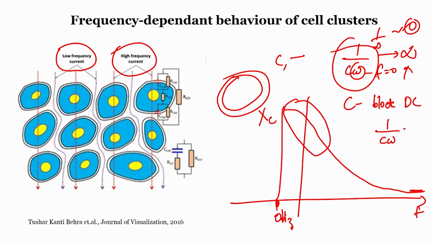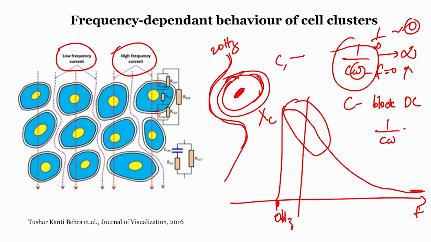Because of that, at the first instance when the cell sees an alternating current, if the alternating current is of a very low frequency, let us say 20 hertz, the membrane itself offers very high resistance or impedance to the flow of current, with the effect that the current skips the cell and goes around the lower resistance path, because outside the cell this is just a resistance, right.